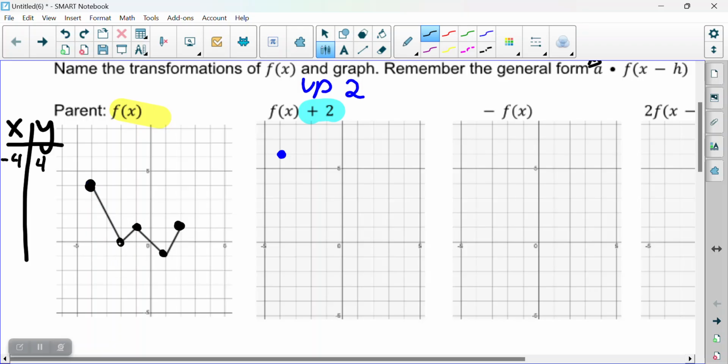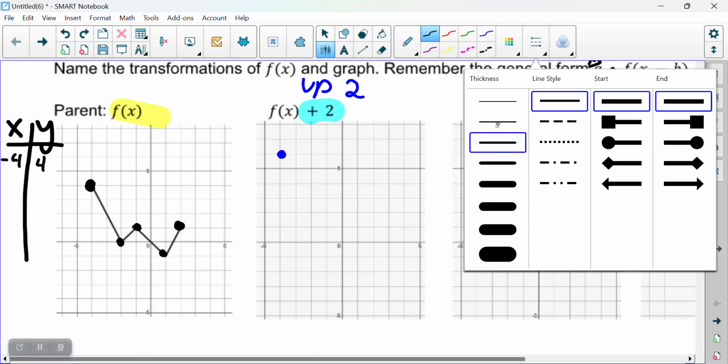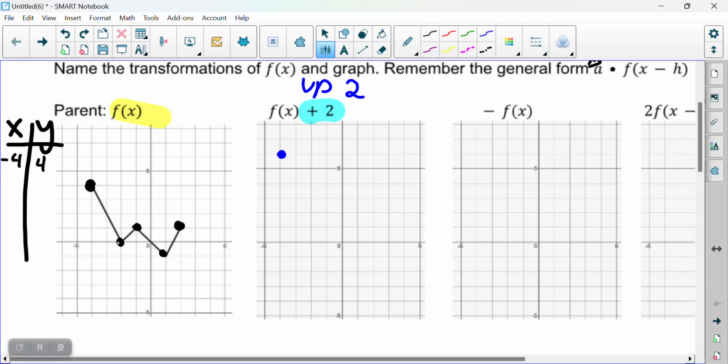Now let's do the next one, that point. That is negative 2, 0. I'm going to change the y value. So negative 2, 2. How much did it change this y value? Up 2.